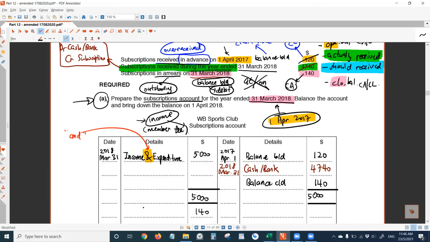Balance CD. Balance BD. This is the first day of the next period, April 1st, 2018. This is the closing balance. Okay, we found it by doing the balancing process. That means our answer is correct.